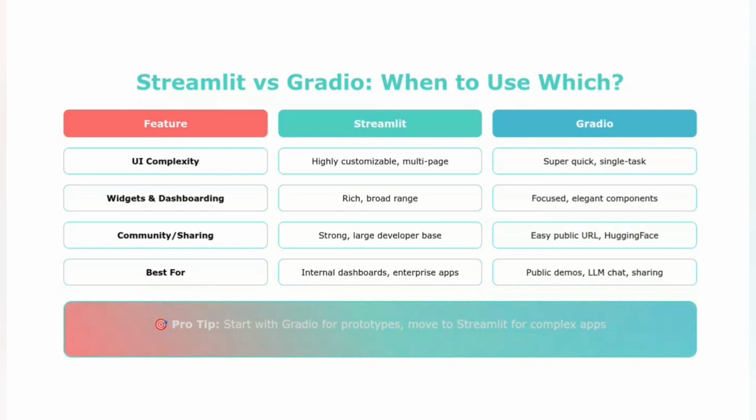Choose Gradio when you want super quick, single-task demos. It's ideal for public demos, LLM chat interfaces, and sharing on platforms like Hugging Face Spaces. Gradio shines with its elegant, focused components and easy public URL sharing. Here's my recommendation. Start with Gradio for quick prototypes and demos. Move to Streamlit when you need more complex, multi-feature applications.